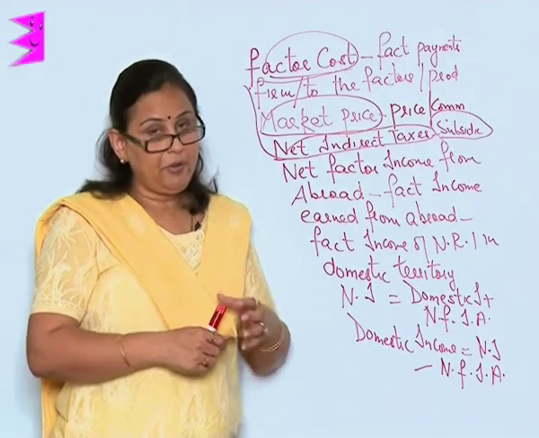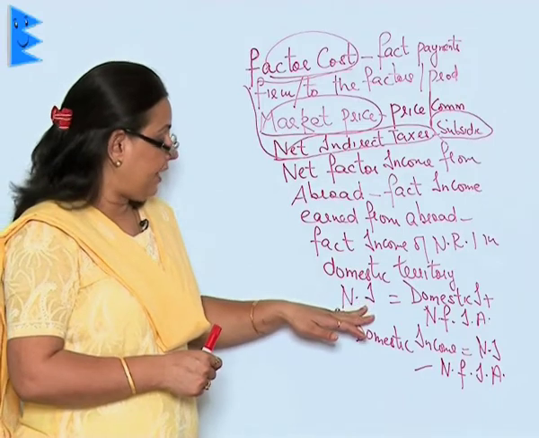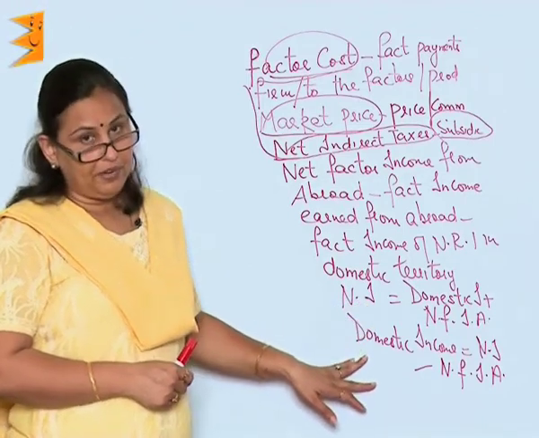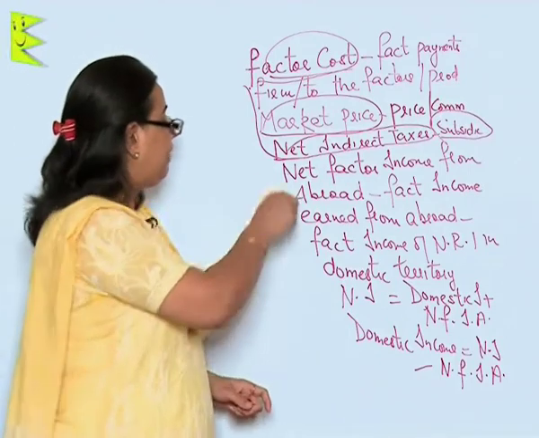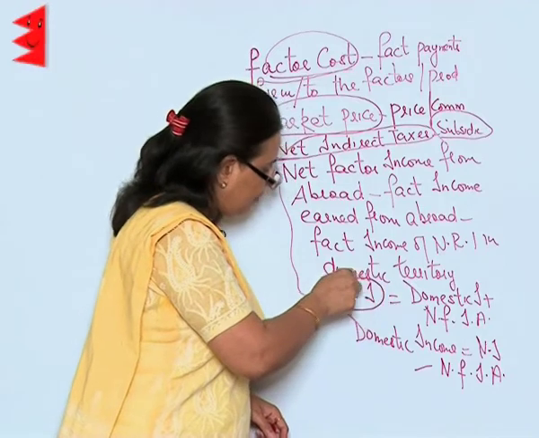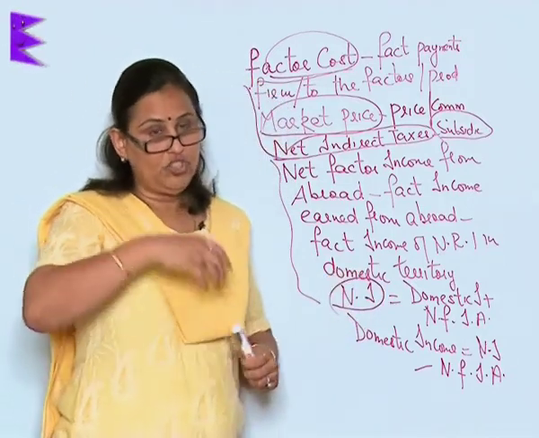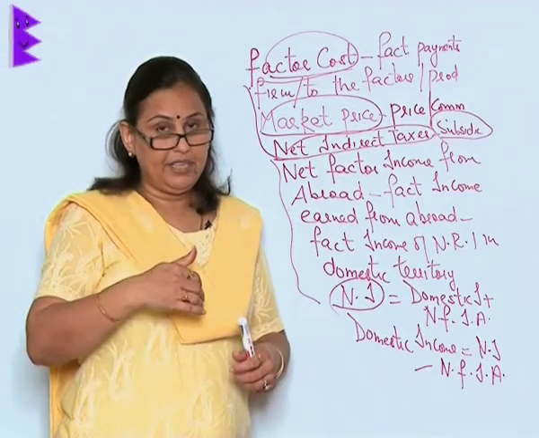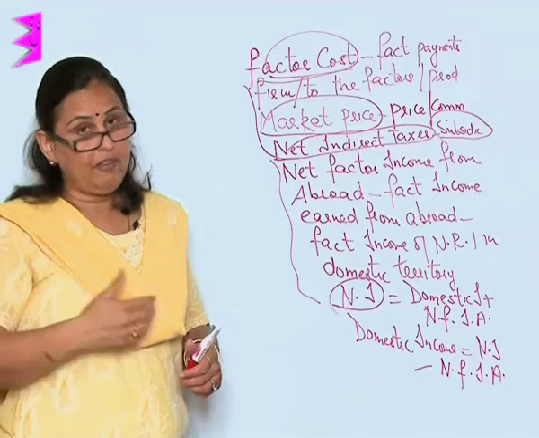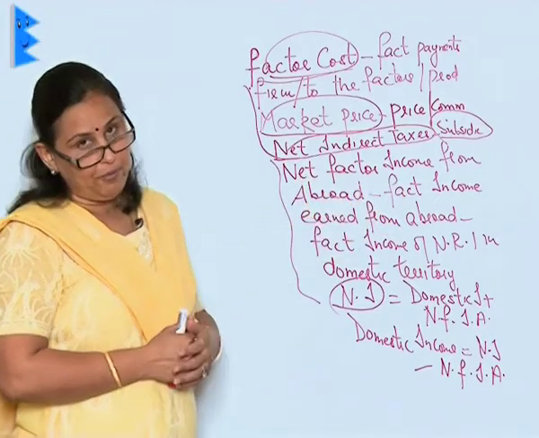Now, when I have to calculate the national income of a country or the domestic income of a country, I have to keep in mind this factor. When it is national income, I have to calculate both the incomes generated in the domestic territory and also those coming from abroad, that is the net factor income from abroad.